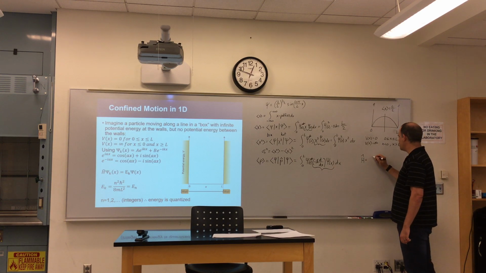Which is h bar squared over 2m times negative d squared dx squared.